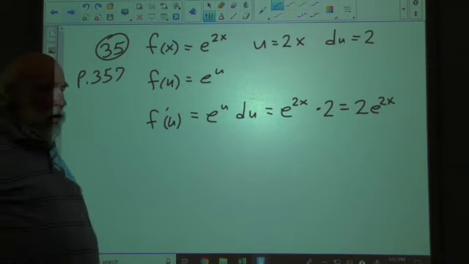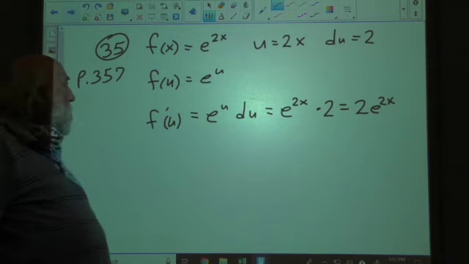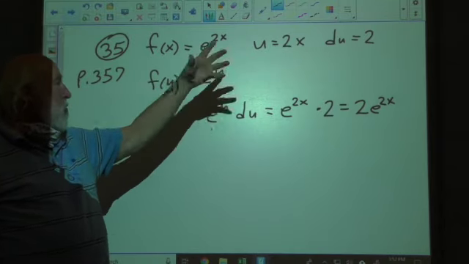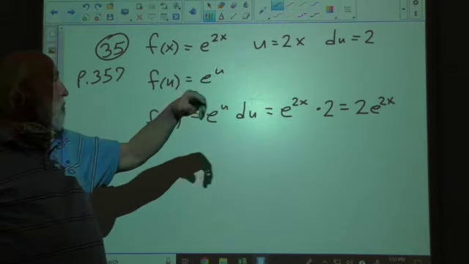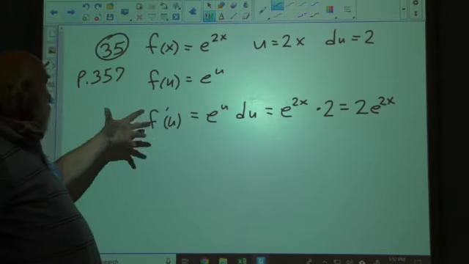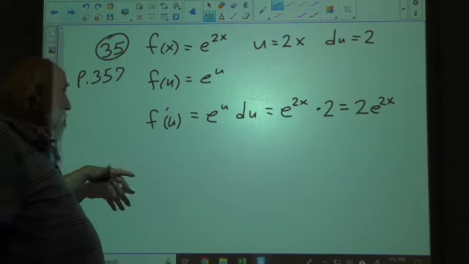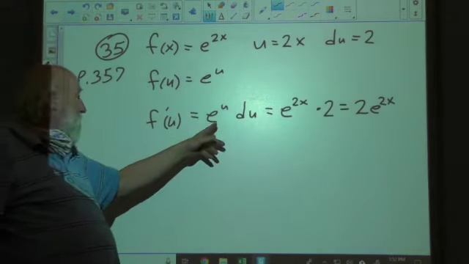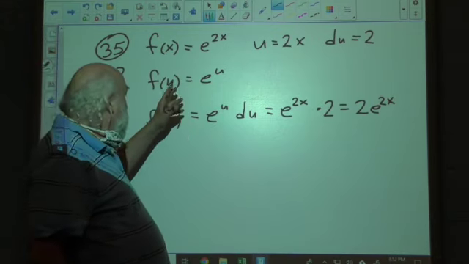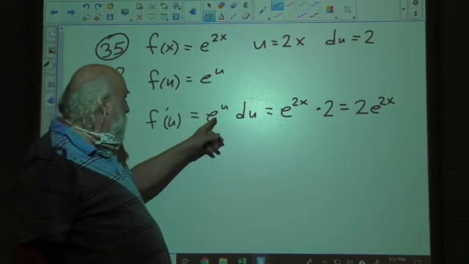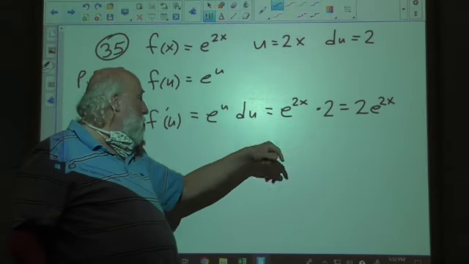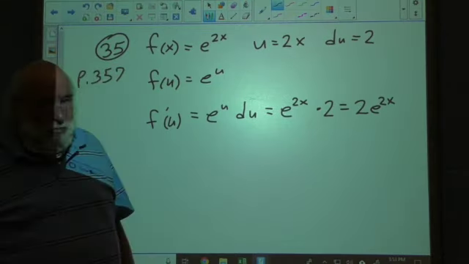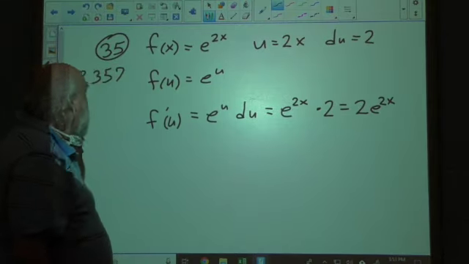For our chain rule, we replace the 2x with u, and then the derivative of 2x is just 2. According to Theorem 5.11, number 2, e to the u du is what we get. So u is 2x, that becomes e to the 2x, and the derivative of u is 2, so the answer is 2 times e to the 2x power.